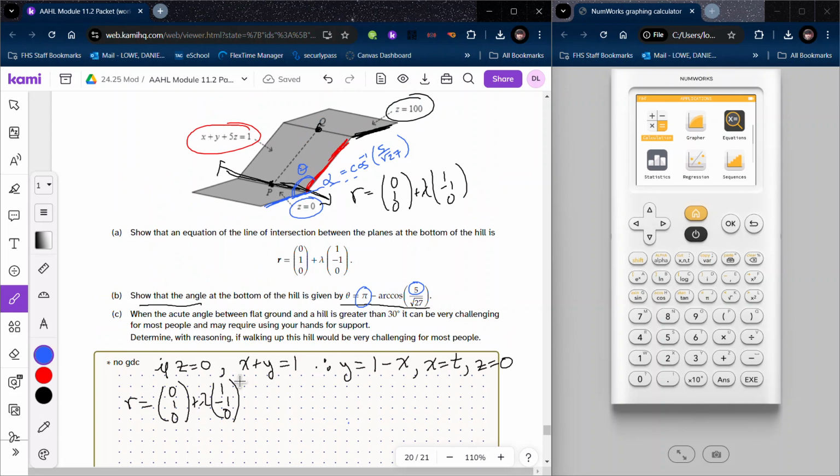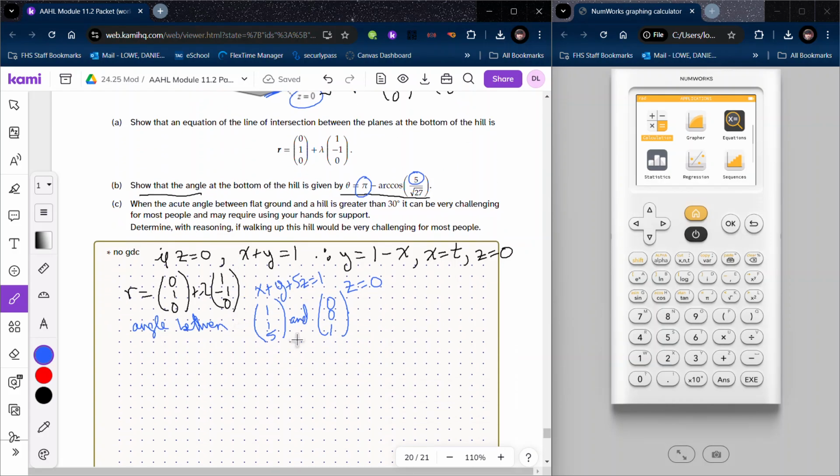So we want to show that alpha is indeed this inverse cosine of 5 over root 27. How can we do that? Well, we need the angle between (1, 1, 5) and (0, 0, 1), where (1, 1, 5) represents the normal vector from x plus y plus 5z equals 1, and (0, 0, 1) represents the normal vector from z equals 0. So how do we find the angle? Well, that's our dot product.